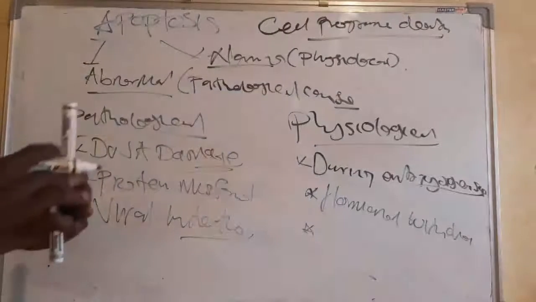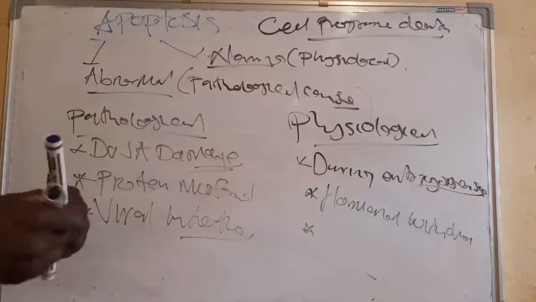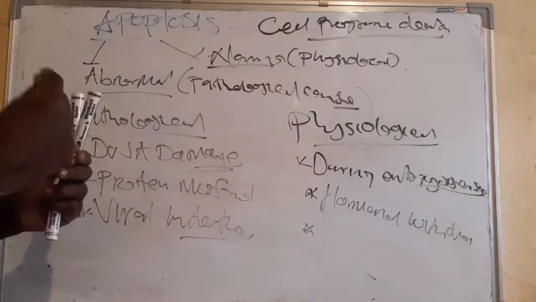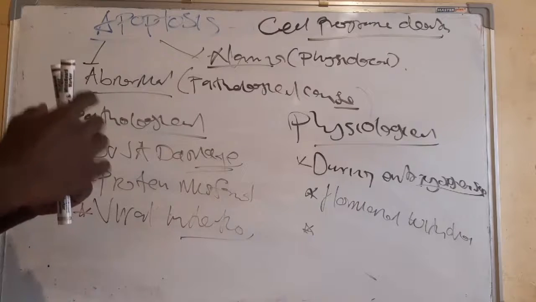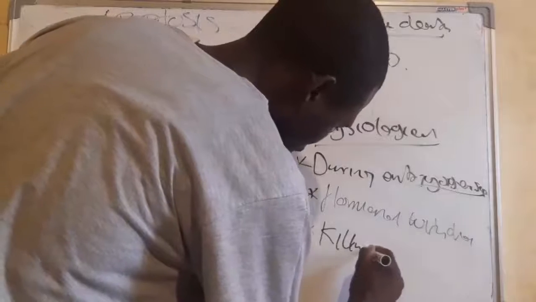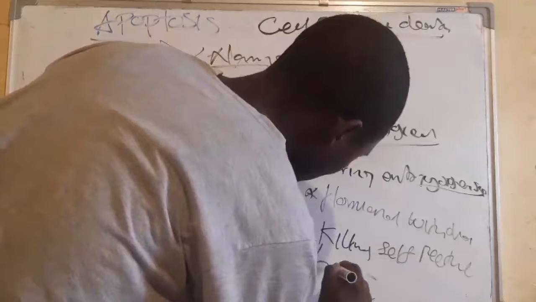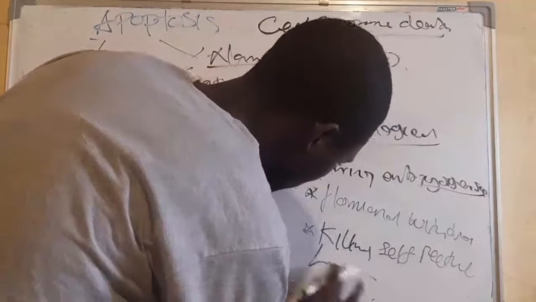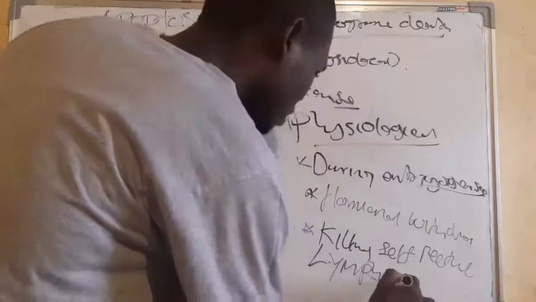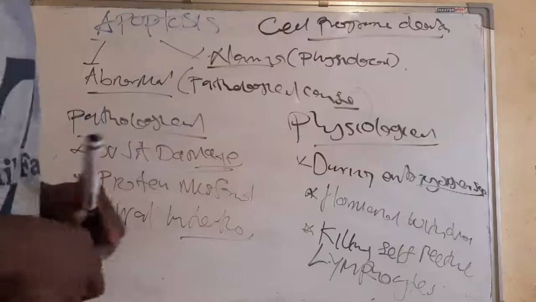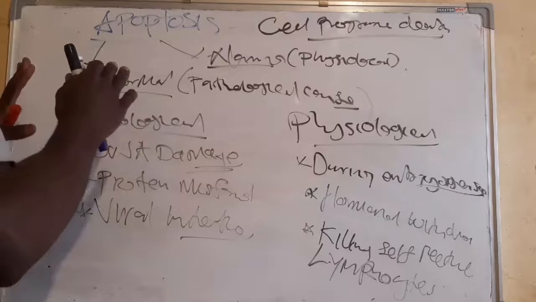Then the next one is the removal of self-reactive lymphocytes in the thymus, so the killing of self-reactive lymphocytes in the thymus. Okay, so these are the causes.